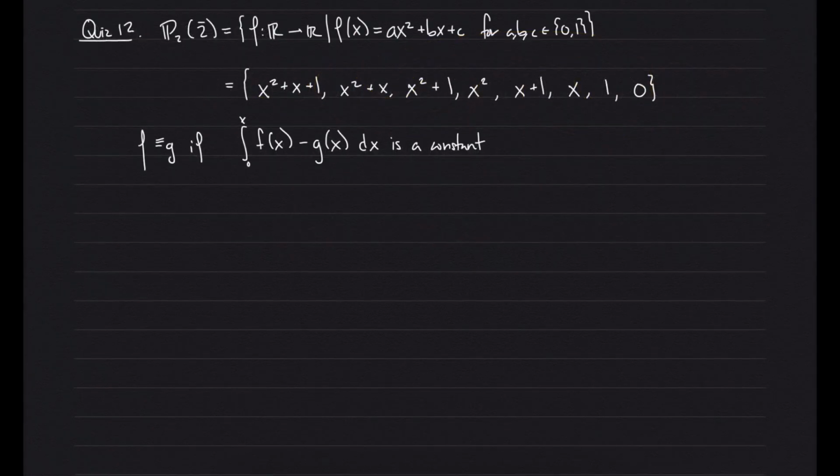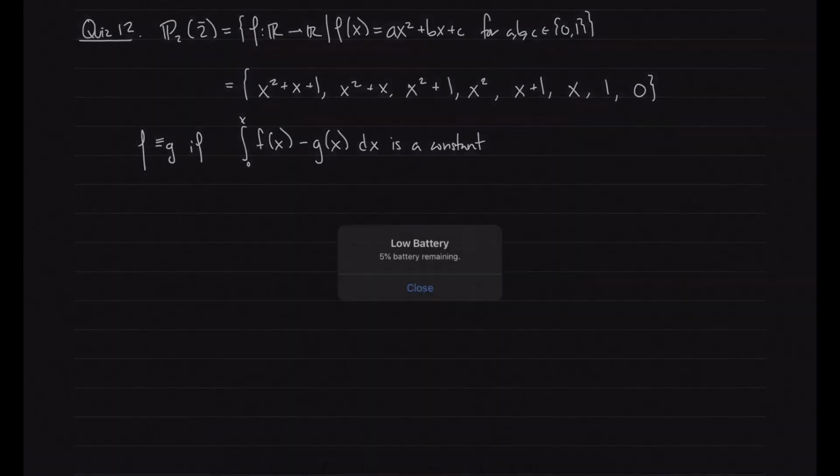Okay, so here we are looking at quiz 12. Our set that we're going to take a quotient of is P_2(Z_2), which is all of the degree 2 polynomials whose coefficients can come from the set Z_2, or the set of 0 and 1. I've written out here all of the elements like I have before.